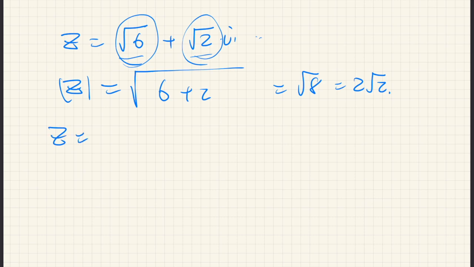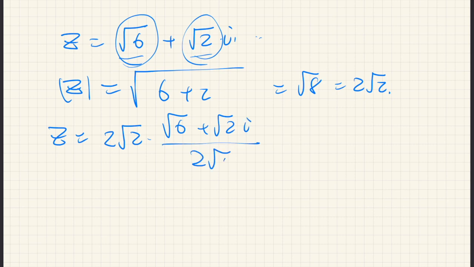So z is 2 times square root of 2 times the original form divided by this. So this should correspond to the distance part, or radius part.